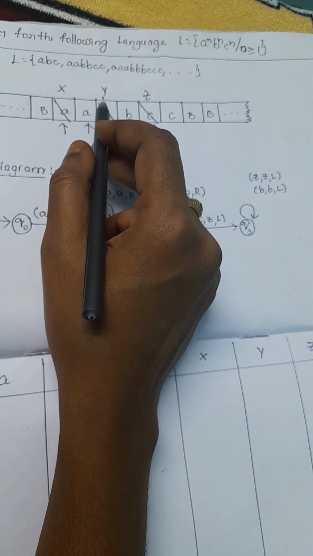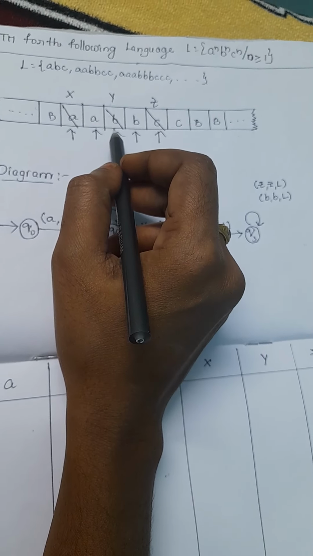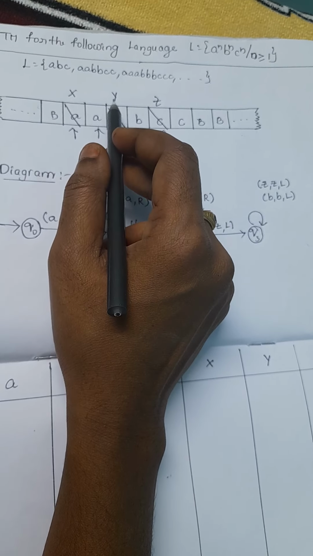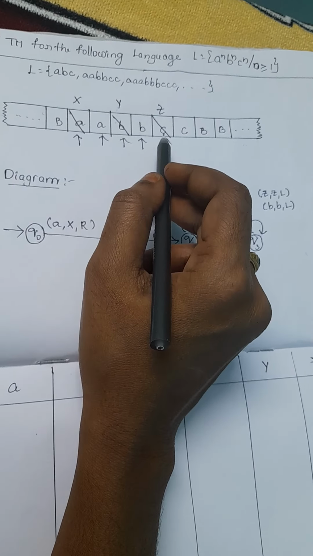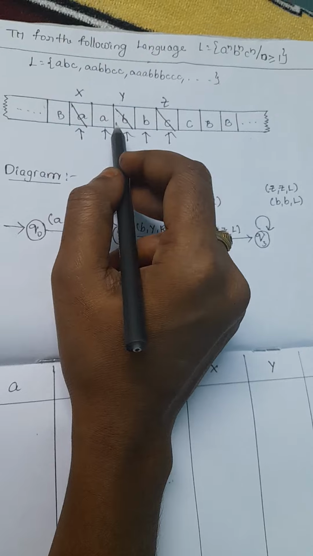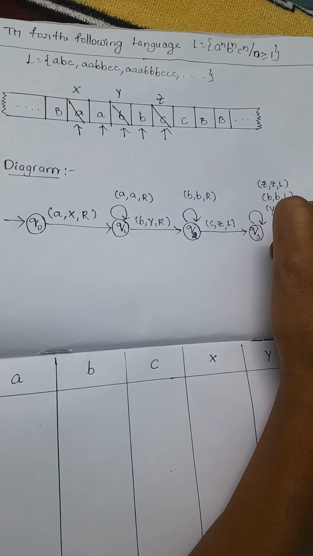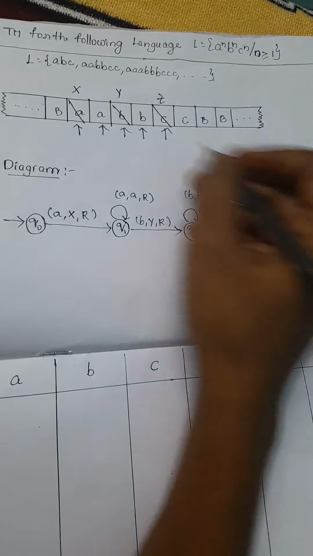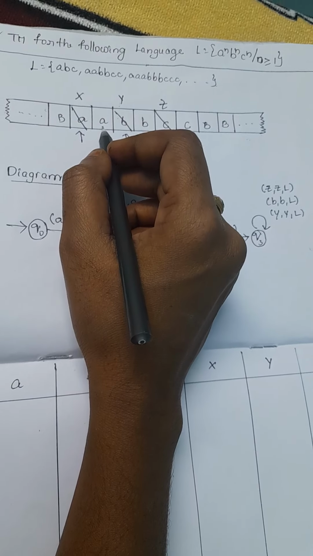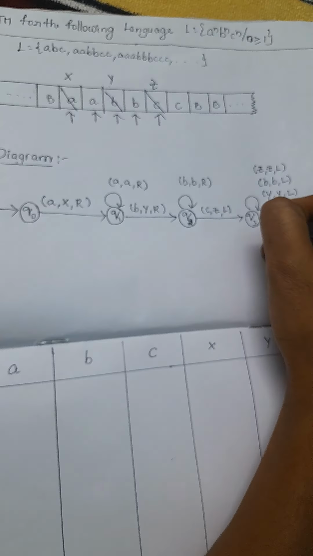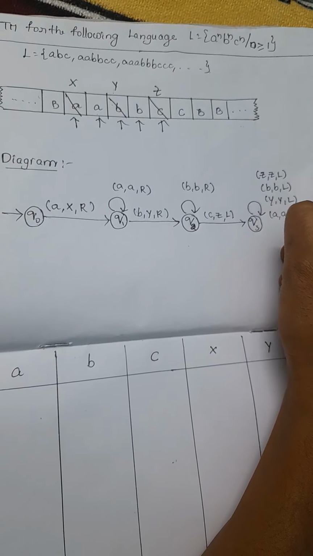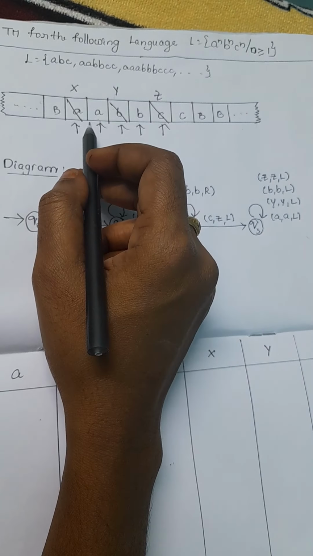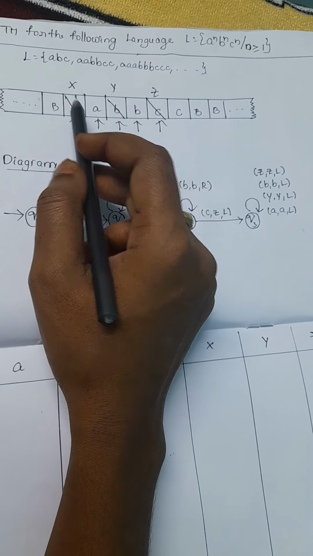After that we are touching Y. So here this is not the first B now. This is already changed to Y while we were going this side. So now we will read the Y symbol newly. Y remains Y only, we need to move left. After that we are reading the A symbol. A remains A only, we need to move left. We will follow this until we have reached the X.